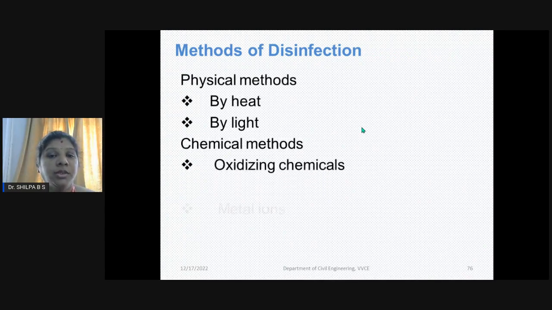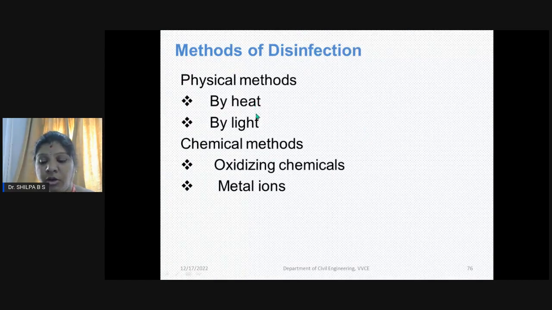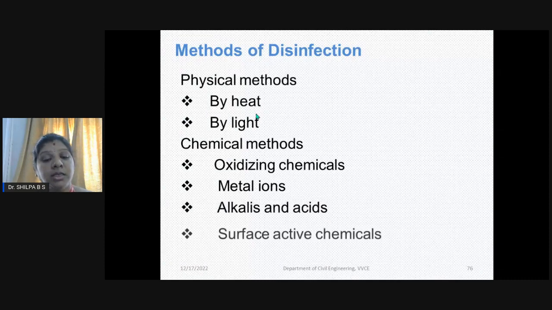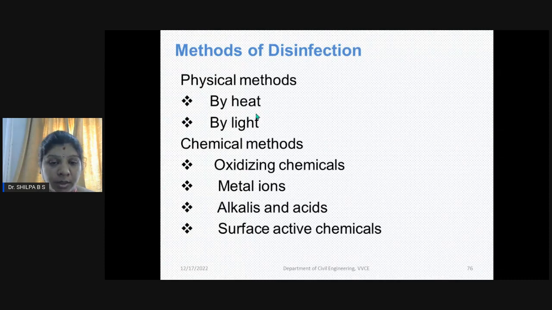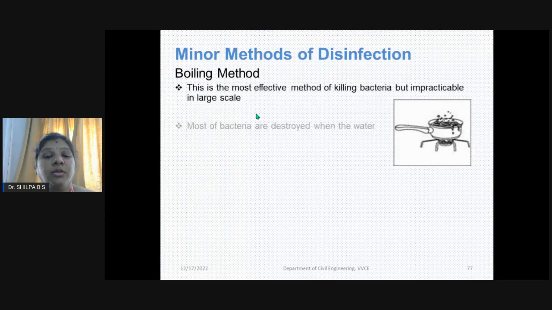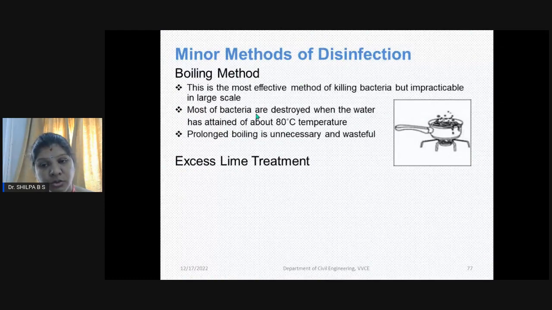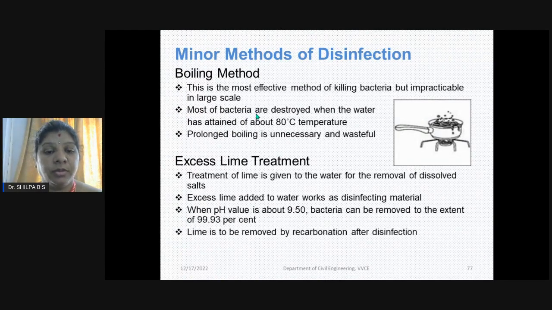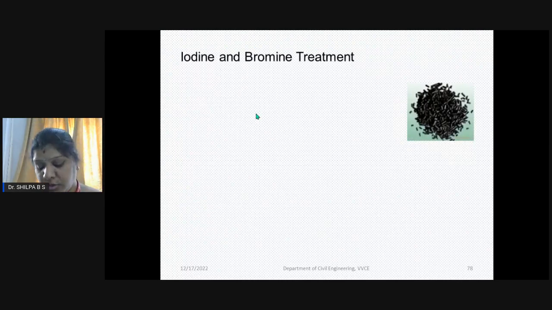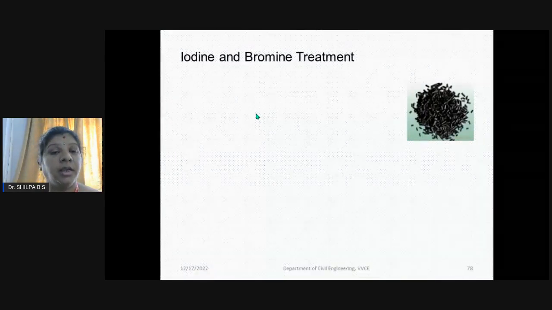So these are the methods of disinfection. If we use physical agents, that is heat or light, we can bring out the disinfection. Or when adding chemicals, we can add oxidizing chemicals, metal ions, alkalis, acids, and other surface active chemicals. Among the minor methods is boiling, which is commonly used at the household level, and excessive lime treatment, which is used in rural areas.